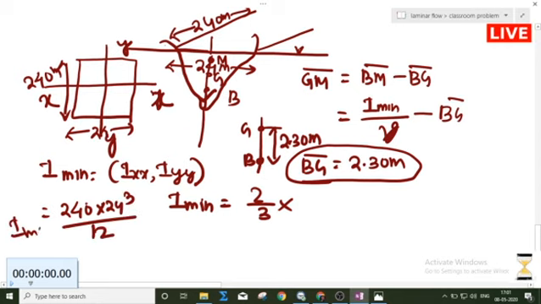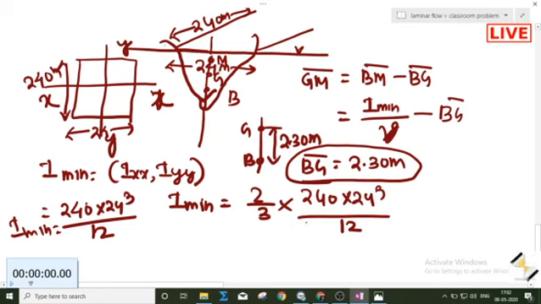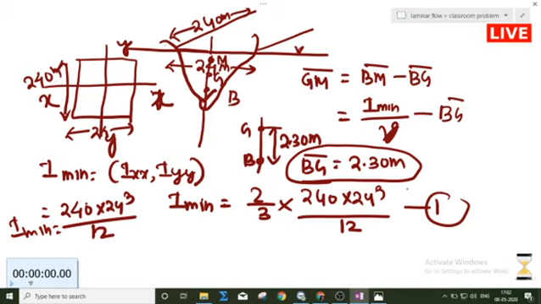The minimum moment of inertia for the rectangle is bh cubed by 12, so 240 into 24 cubed divided by 12. Now this is 2/3 of that: 2/3 times 240 into 24 cubed divided by 12. We'll call this equation 1.